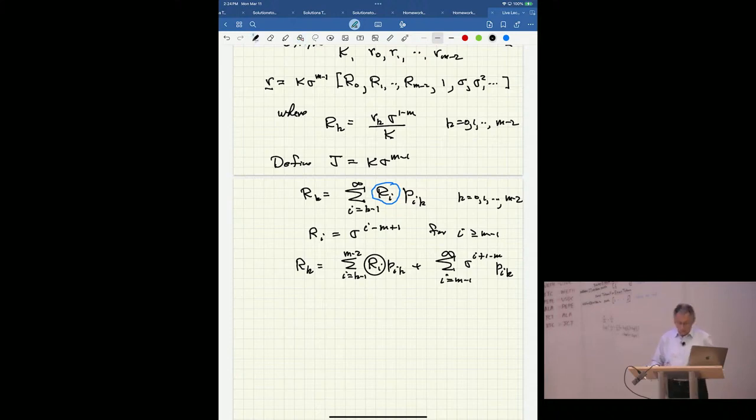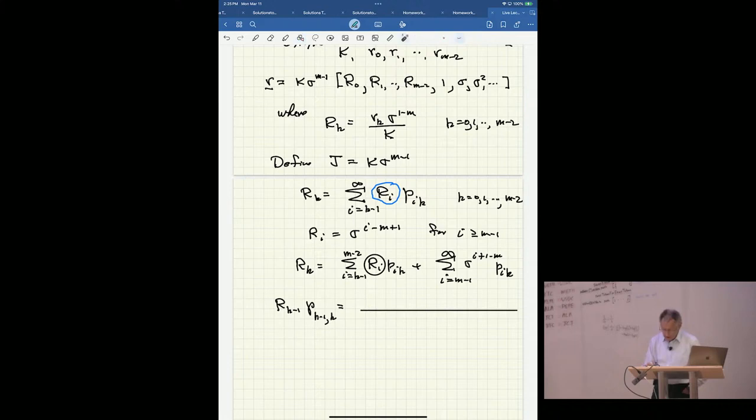Well, what's the lowest number? It's when i equals k minus 1. So let's pull that term out and put it on the left-hand side. Let's take out r sub k minus 1 times its transition probability, p sub k minus 1 to k. And that's equal to all the rest. So let's put that down.